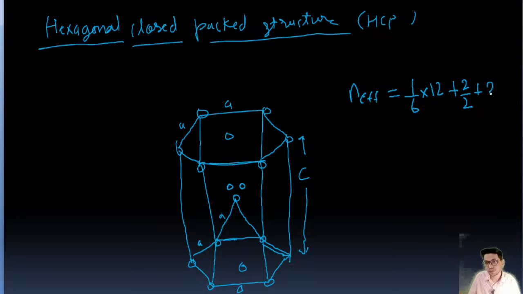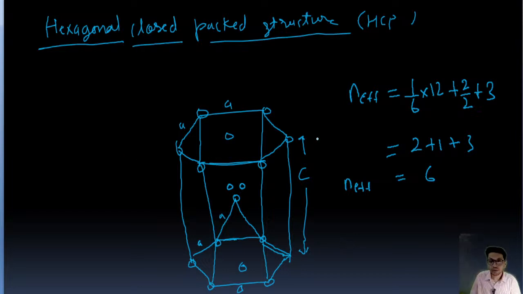So if you solve it, this is going to be 2 plus 1 plus 3. So N effective for the hexagonal closed pack structure is 6. Very important, guys.